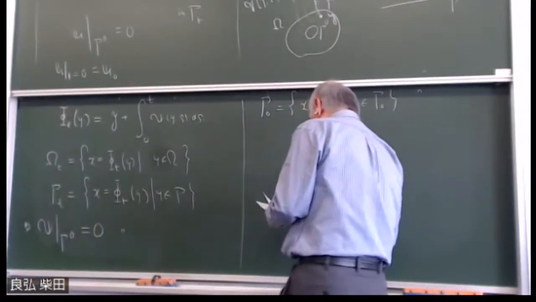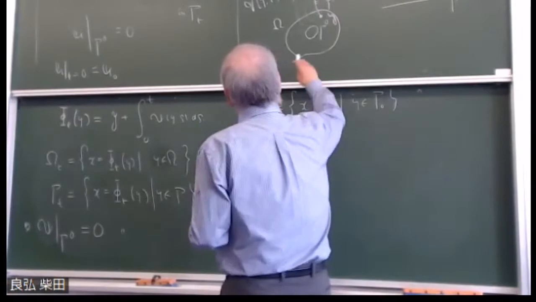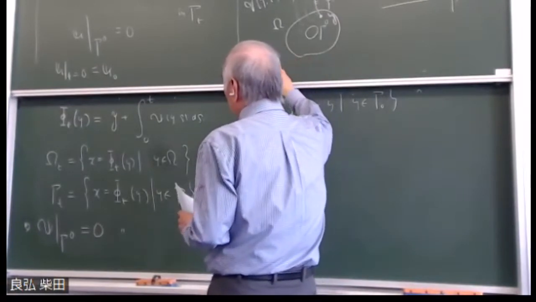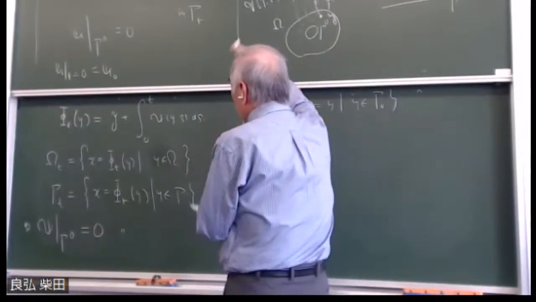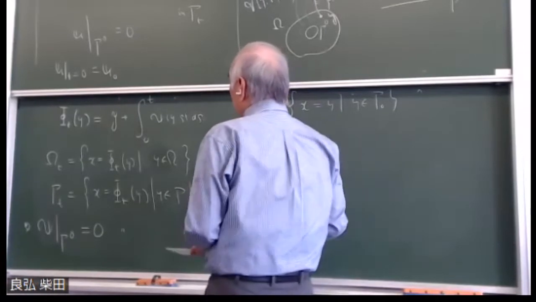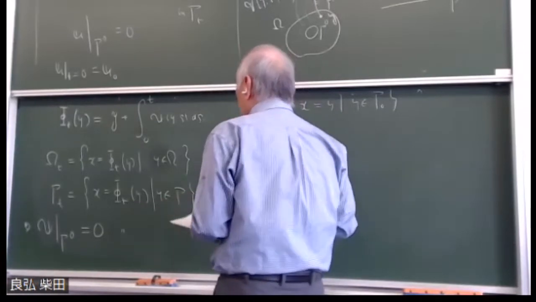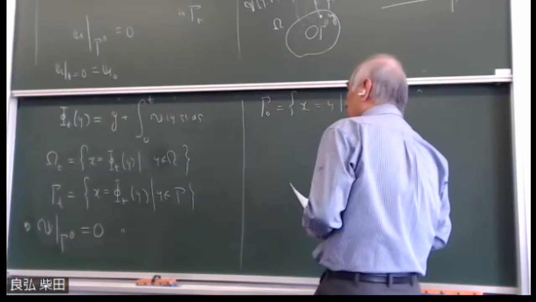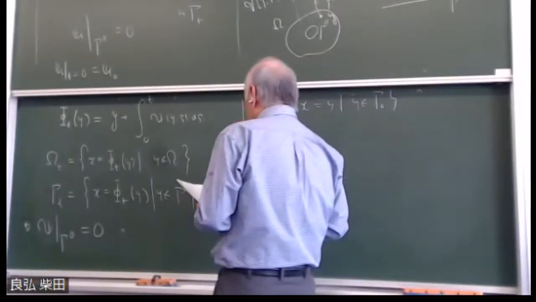Of course, we want to assume that this map is invertible, at least a one-to-one correspondence.